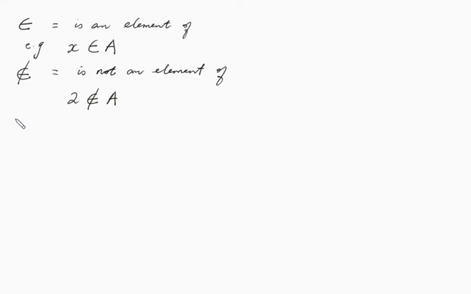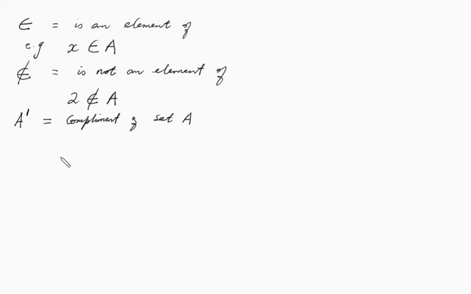Now, let's look at this one. A complement, right? A complement. Sometimes it's read A prime, but it's A complement. So what does it mean? It means complement of set A. Okay?